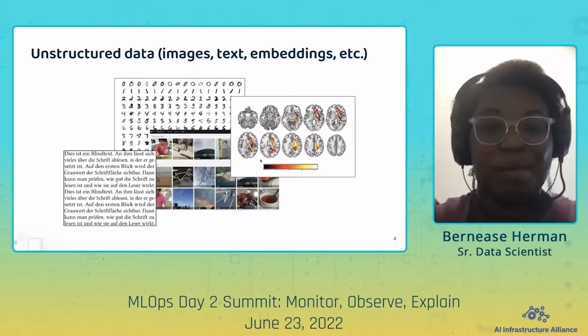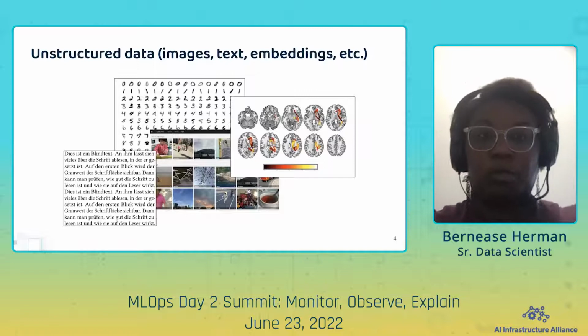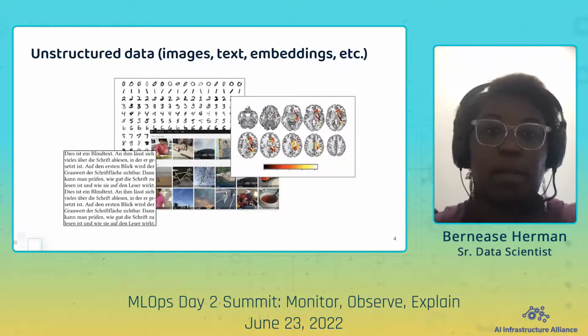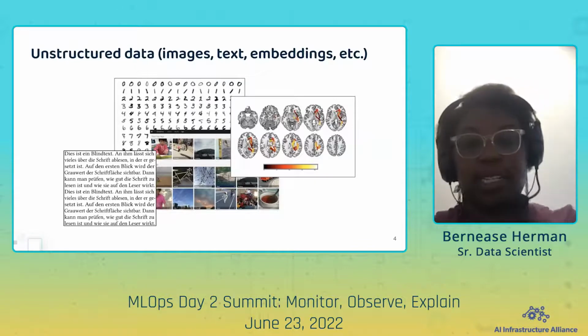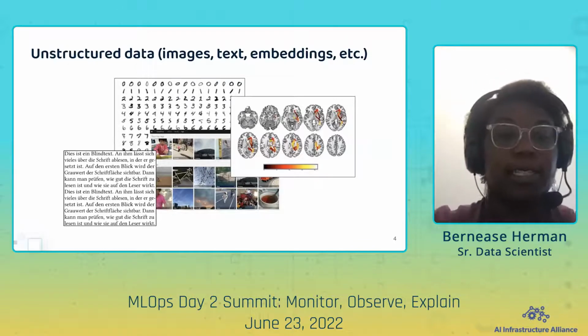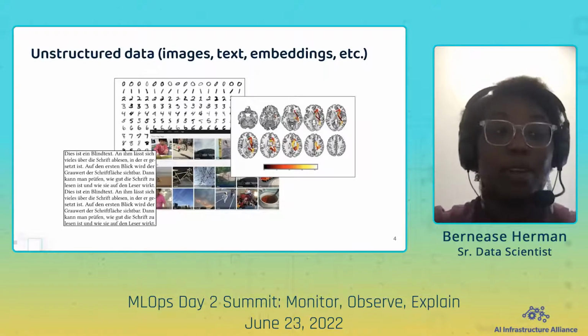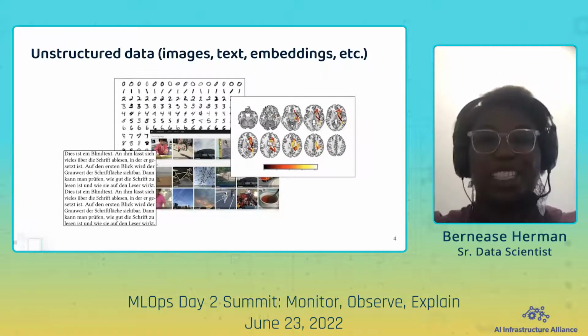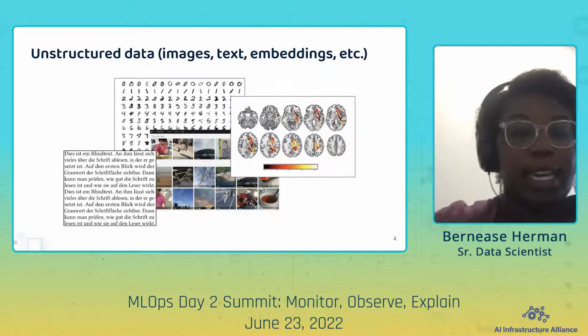Unstructured data takes the rest, and what we often mean by that are things like images and text and embeddings, many other different data types, audio, things like that. And these present some complexity, but in the same way also present some really interesting homogeneity within it.